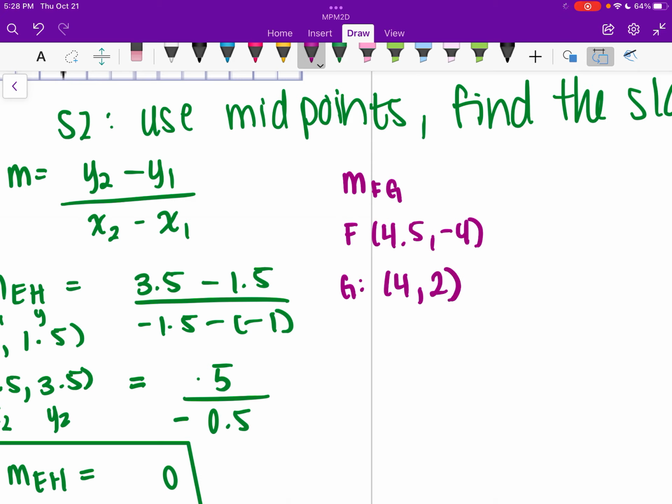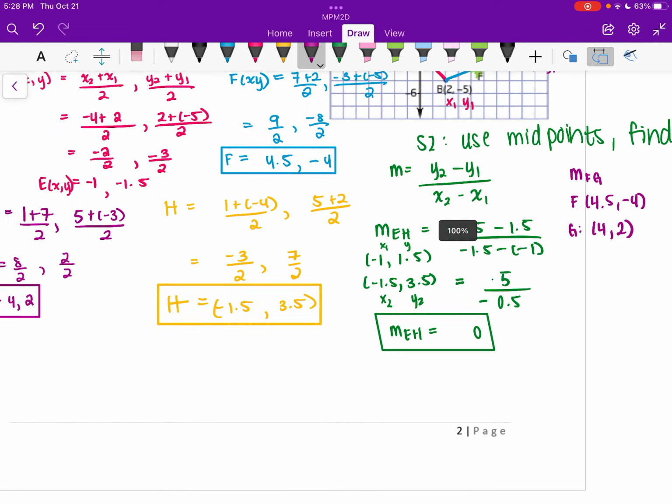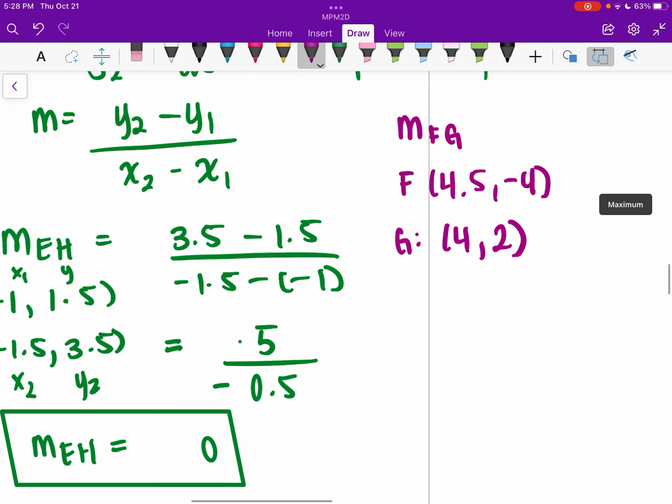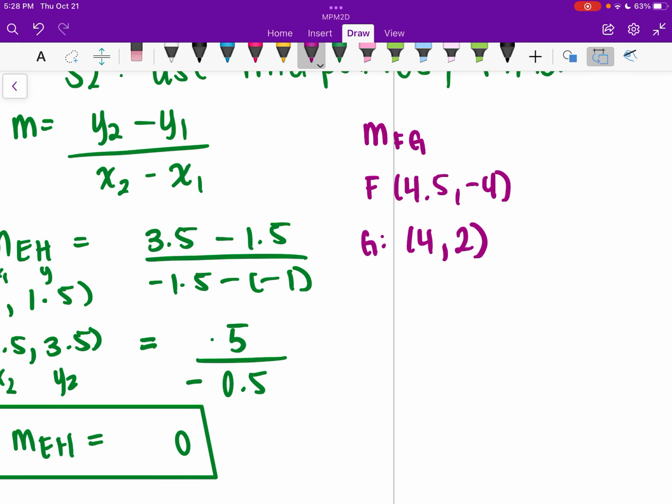And I think for this one, I ended up making my Y2 values and X2 values my FG.